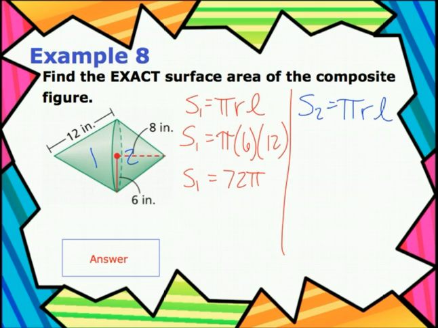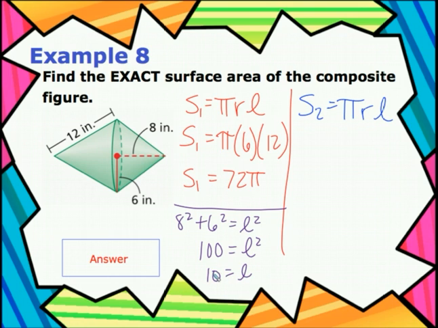Now the second one's a little bit trickier because we don't have the slant height, so we have to do Pythagorean theorem. 8 squared plus 6 squared equals the slant height squared. And you get 100 equals L squared, so L equals 10. So this slant height is 10.